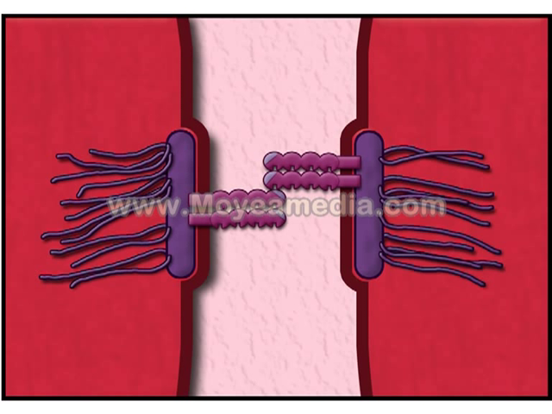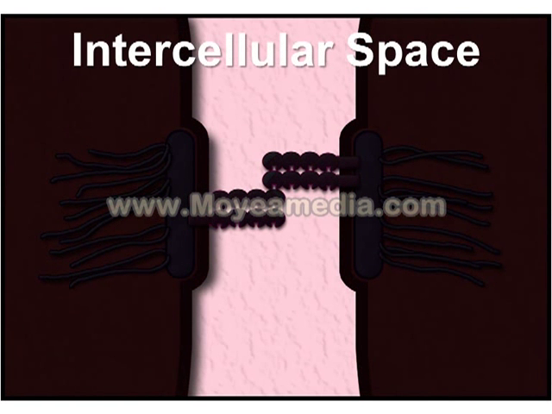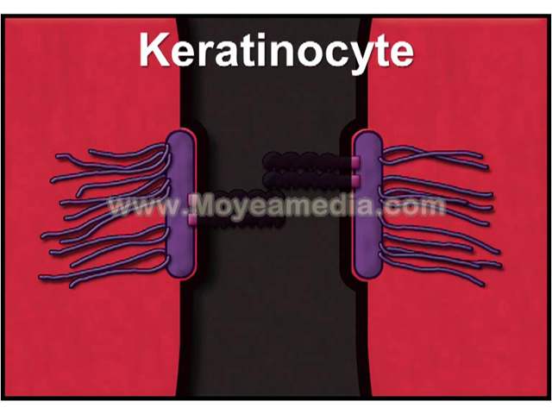Ultrastructurally, you have attachment plaques and fibrils. The intercellular space is where the 2 structures connect. And then there's the portion within the keratinocyte.